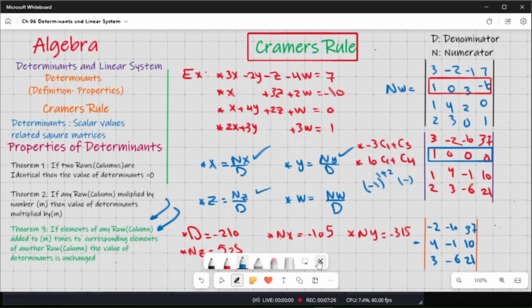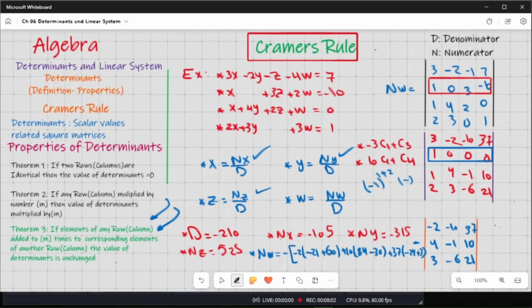Okay, and this nw equal to negative 2 into negative 21 plus 60, plus 10 into 84 minus 30, plus 37 into negative 24 plus 3.